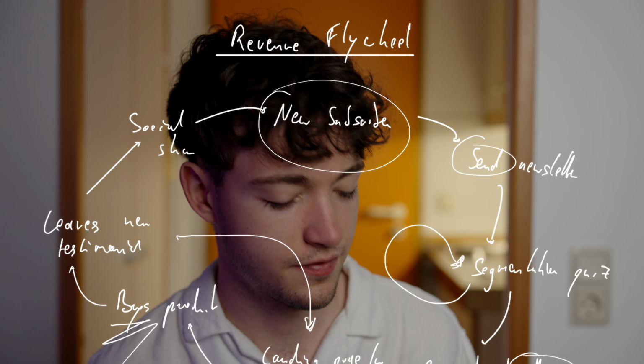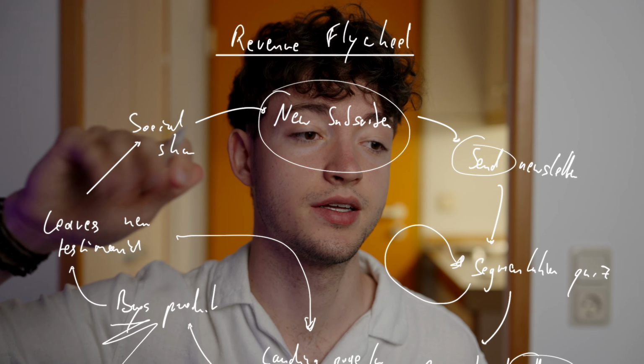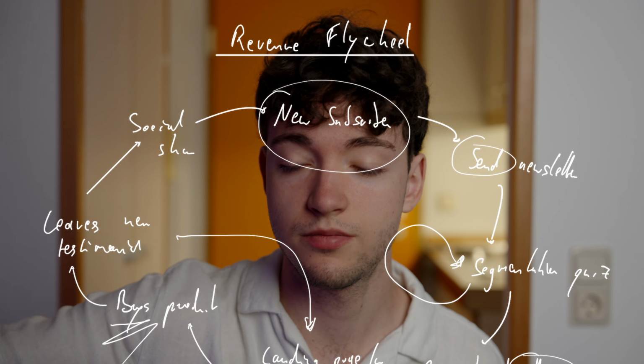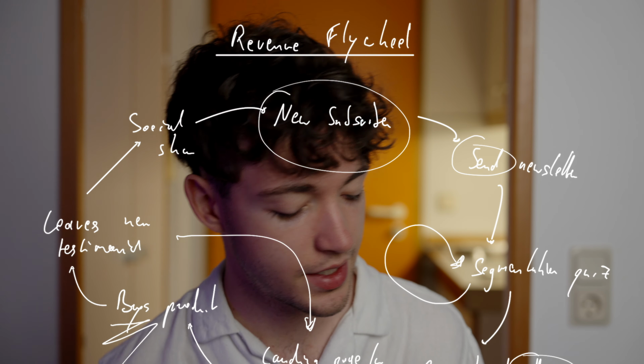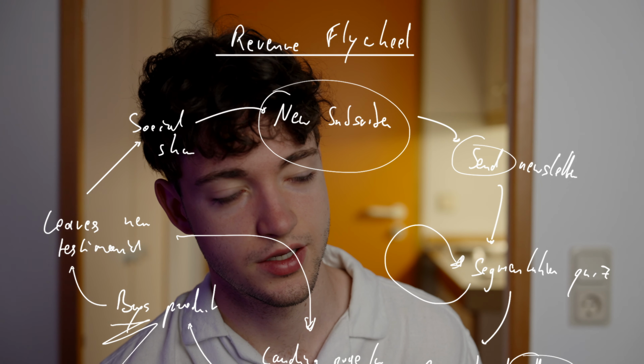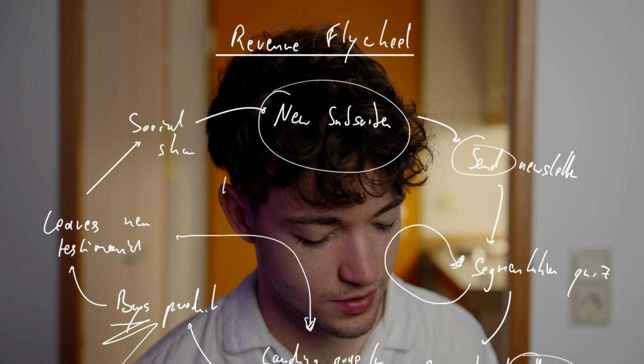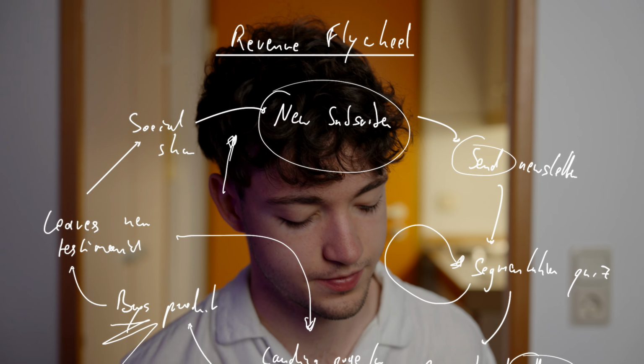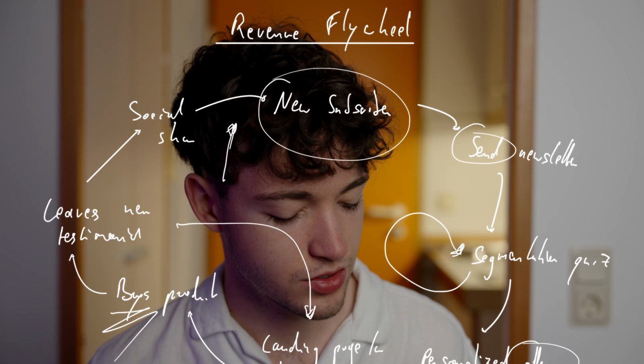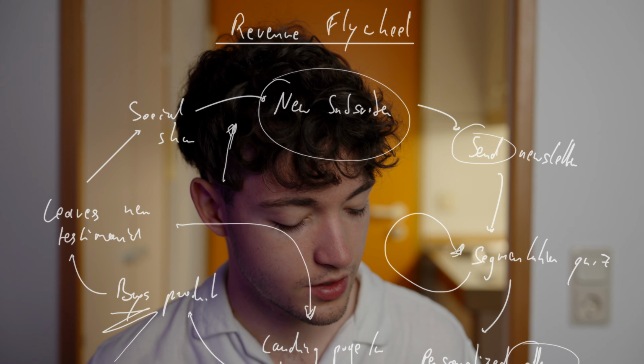And now, if they are really sold on your vision, on the stuff you're posting about, they might even share their experience on social media, which then again drives new subscribers. So this is this step right here. And that essentially is the flywheel to grow your audience first, and then to monetize that audience with recurring revenue over a newsletter and a course or product.